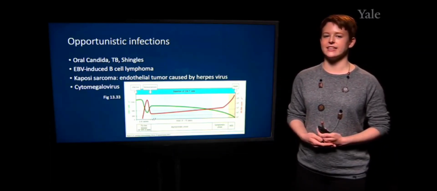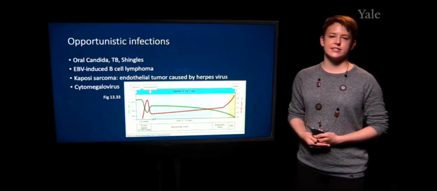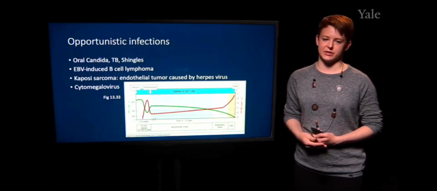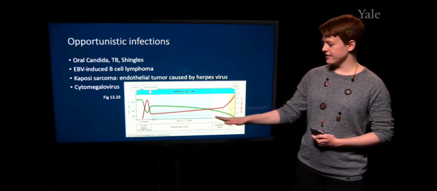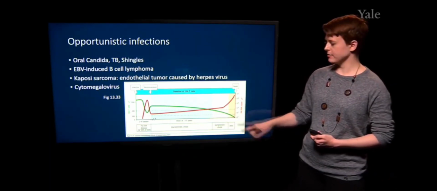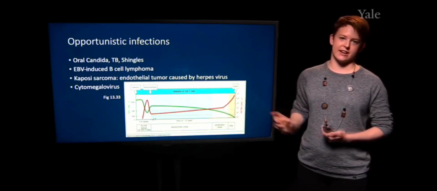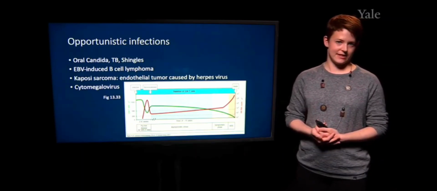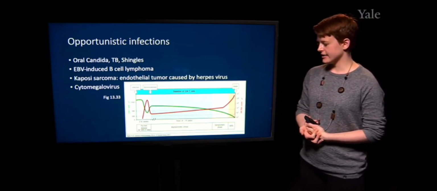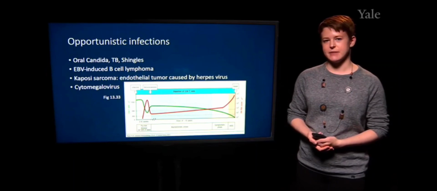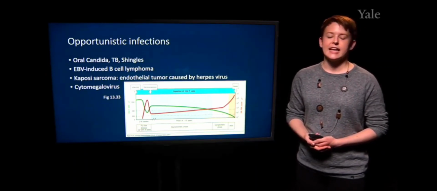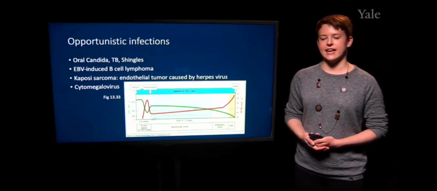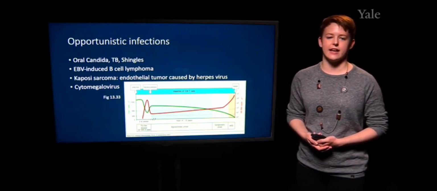So there's a gradual decline of CD4 T cells in the body. And as the CD4 T cells drop, we can see HIV RNA copies increase. And eventually, these patients will have little to no adaptive immunity. And typically patients with AIDS die from an acquired opportunistic infection rather than the virus itself.